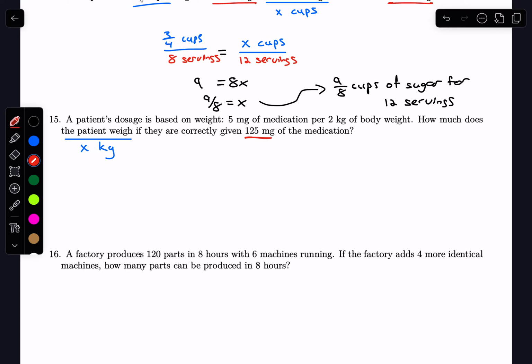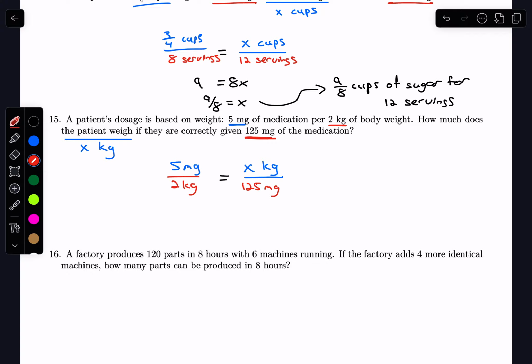We're given that they had 125 milligrams of medication, and our other ratio is 5 milligrams to 2 kilograms. So we're going to set up a proportion with x kilograms on top and 125 milligrams on bottom. And then on the other side, we have 5 milligrams is equal to 2 kilograms.